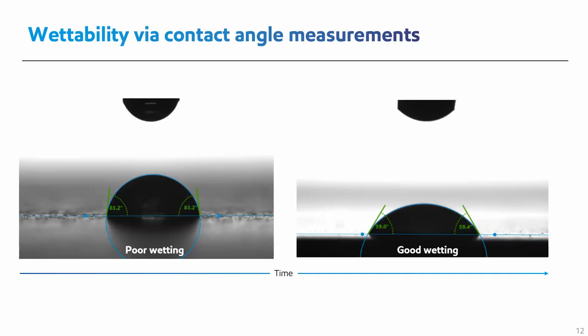The improved wettability is usually quantified as degrees of the contact angle of the droplet on the surface. The change in contact angle with respect to time is particularly important. This time dependency reflects the speed with which surfactants adsorb at the interface between the liquid and the solid.